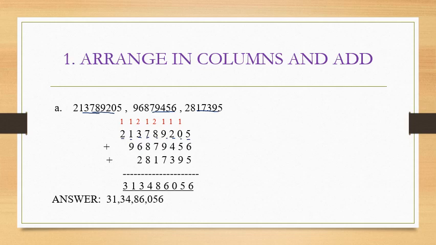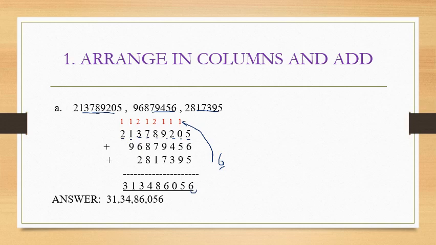Like from the last ones place, you are going to start: 5, 6, 5. You add 5 plus 6, 11, 11 plus 5, 16. Now 16 is there. Students, in the ones place you will write 6, and this 1 you will carry forward to the next place, means the tens place.